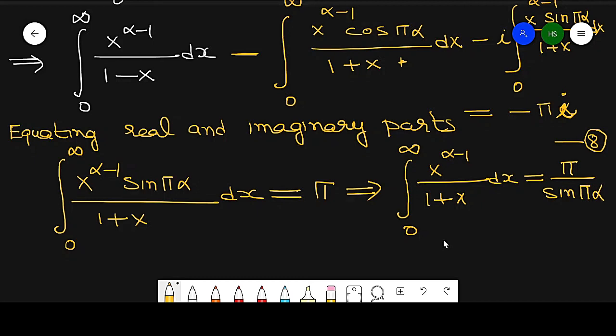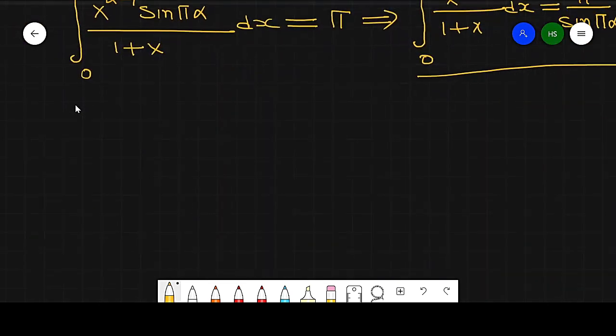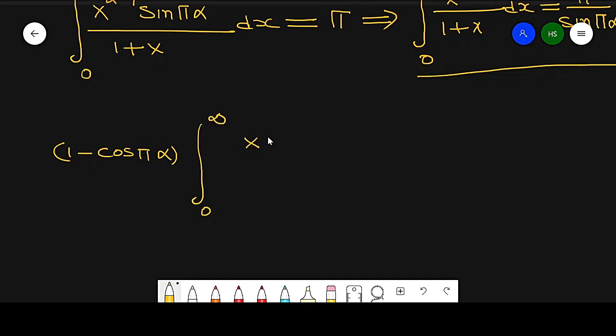So this is my one result. Now taking the real part. What is the real part? Here 1 minus cos pi alpha is common, and this value is equal to 0. So in the real part, 1 minus cos pi alpha into integration of 0 to infinity x raised to power... no, this is a 1.